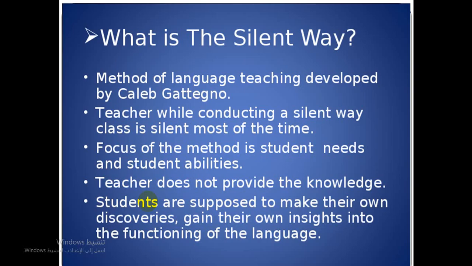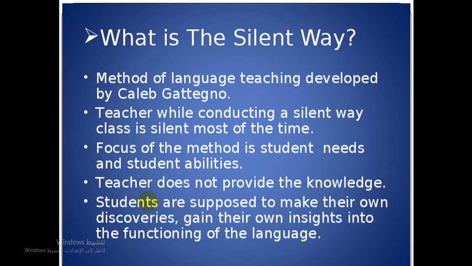Here, what is the silent way? Give me a definition of the silent way. The silent way is one of the language teaching methods which involves the students in the learning process. When the teacher explains the material, the students are silent.